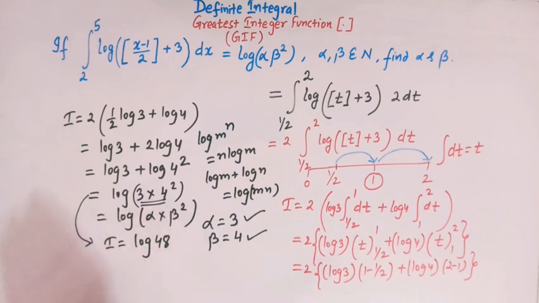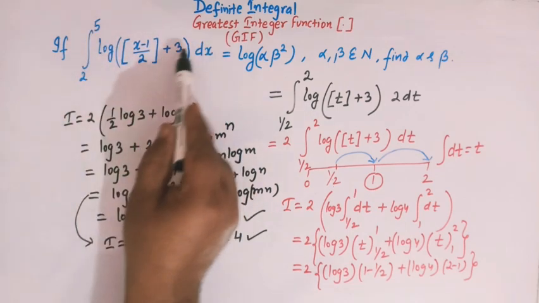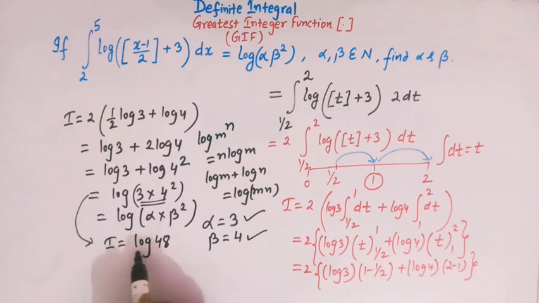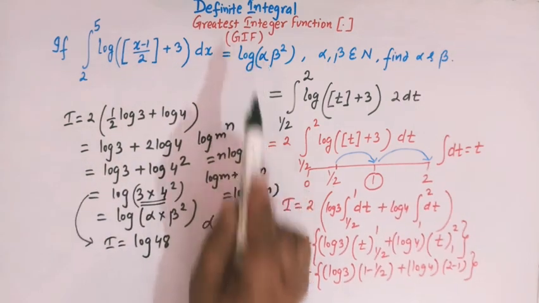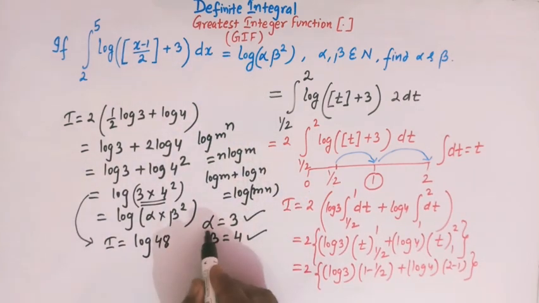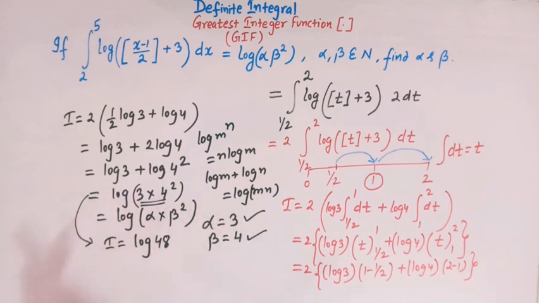So viewers, the value of this integral is equal to log of 48, and the values of alpha and beta as per this problem are alpha is equal to 3 and beta is equal to 4. So viewers, this is how we solve this important conceptual problem involving greatest integer function.